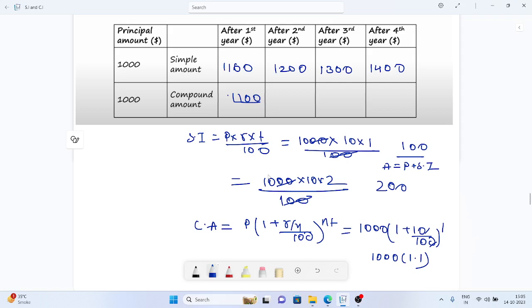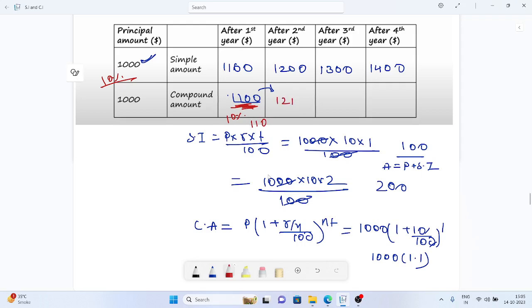Now, here we calculate the interest on this amount. You have to calculate the interest on this amount. What is the interest? 10% interest, so it is 10% of this. What is 10% of this? 110, the compound interest for the next year. So it is 110.